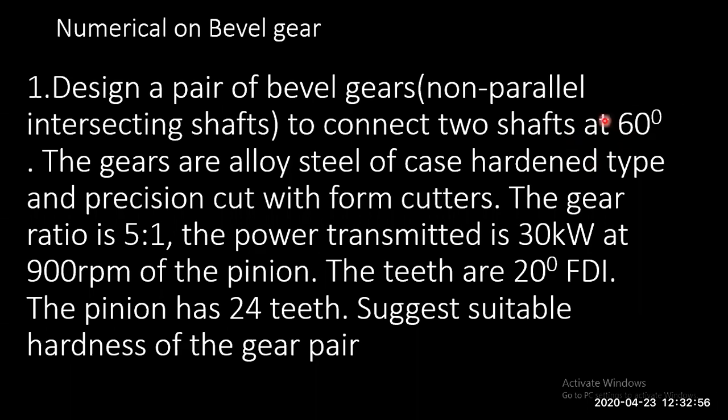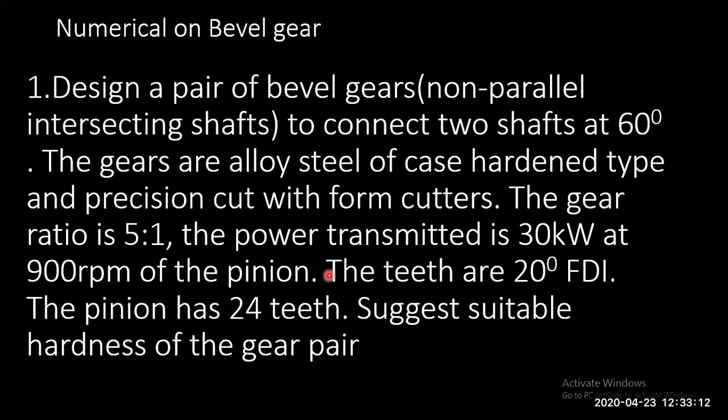You have the diagram in the data handbook, you can just check it out. Theta is the angle between two shafts, and the gears are alloy steel of case hardened type. He says gears, which means both materials.